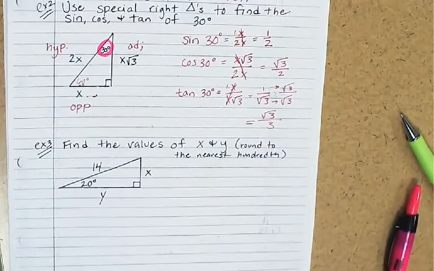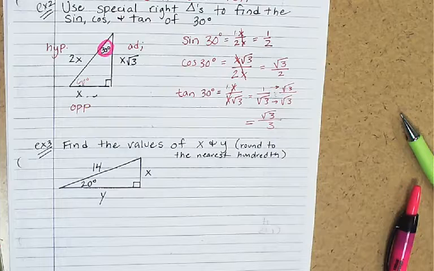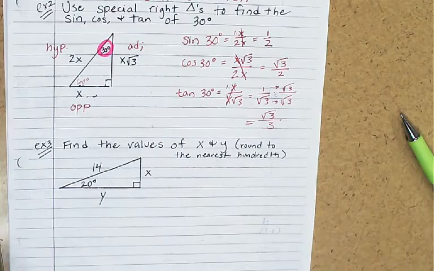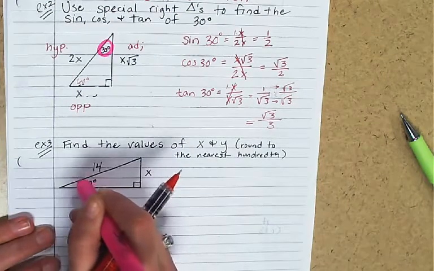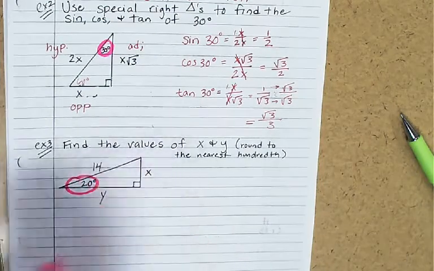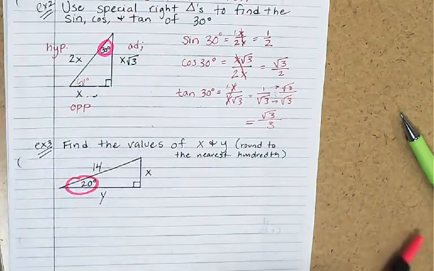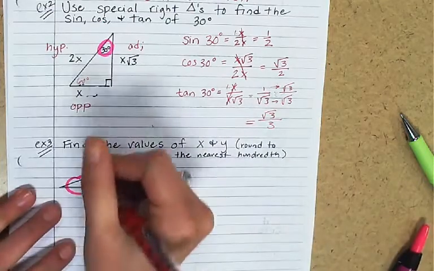Okay, last one. So now we need to find missing values on triangles. Our reference angle here is 20 degrees. So let's fill out our lengths, the opposite, adjacent, and hypotenuse.